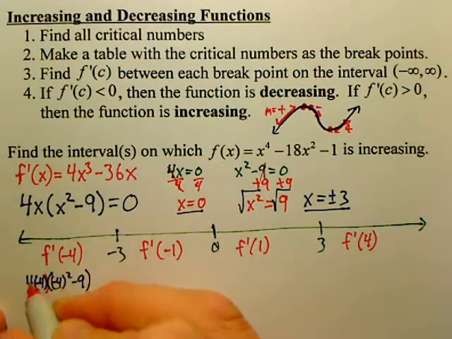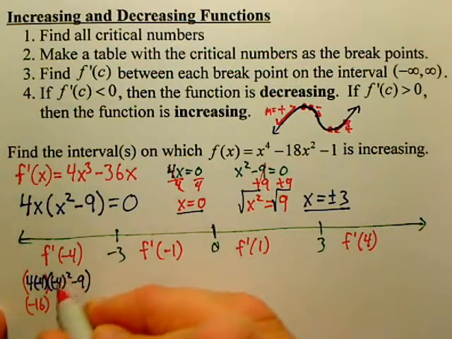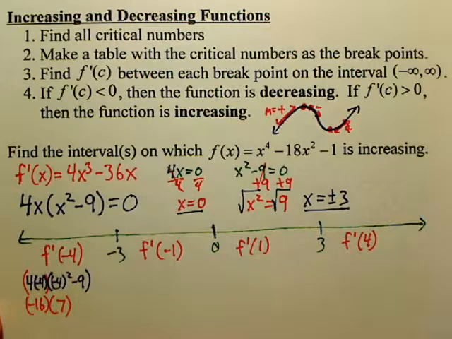Well, this first piece is going to be -16, and the second piece is going to be 16 minus 9, which is 7. Now, what matters here, you could multiply that, but all that matters is is it positive or negative? And what you'll notice is it's negative.